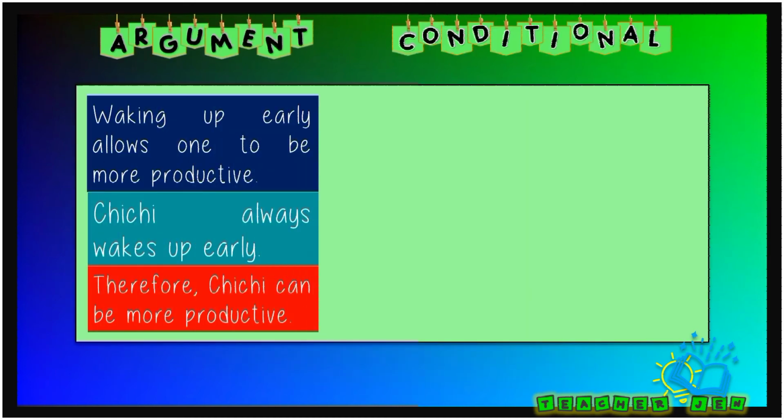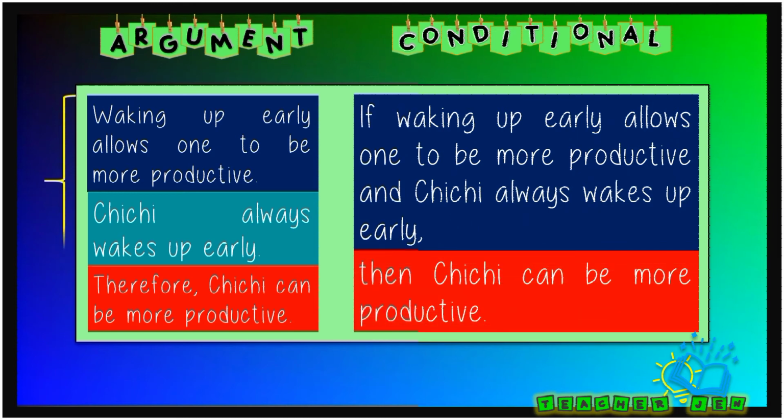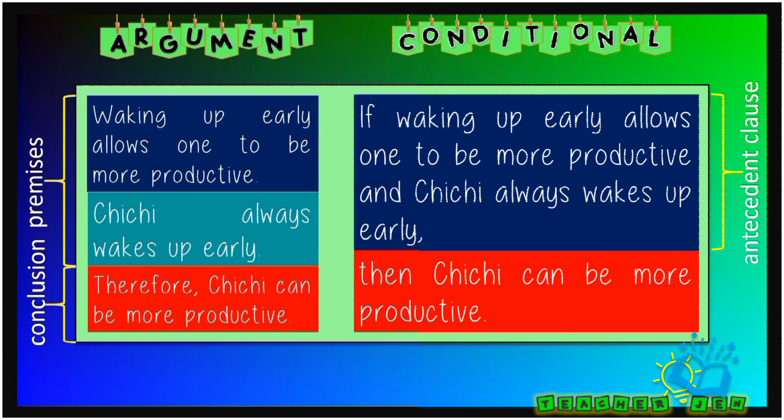Going back to our example, in the argument you have the two premises, which are called an antecedent clause in the conditional statement, and the conclusion, which is called the consequent clause in the conditional statement. The two premises in the argument, which are waking up early allows one to be more productive, and Chi-Chi always wakes up early, both provide reason or support for the conclusion.